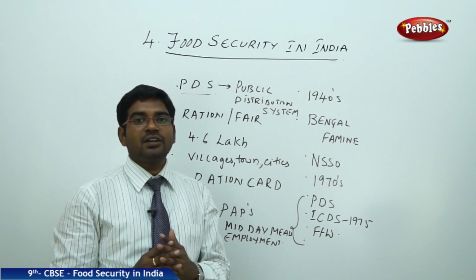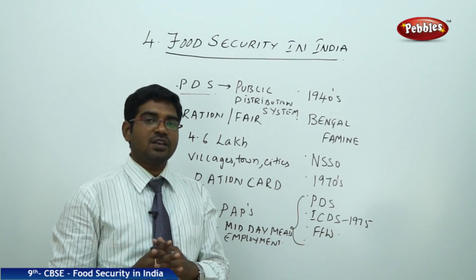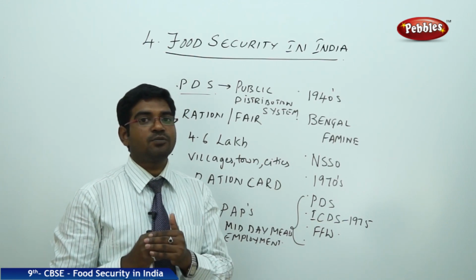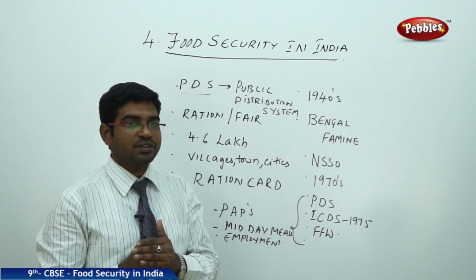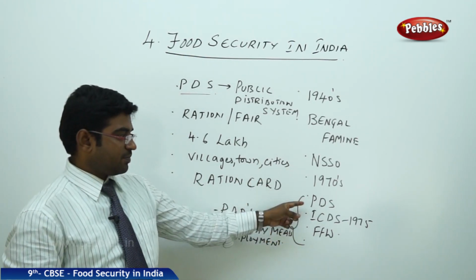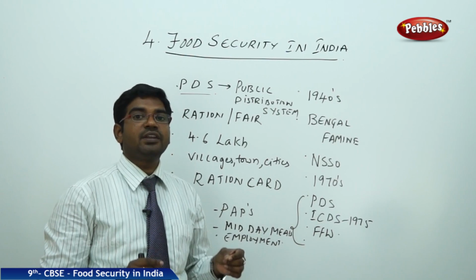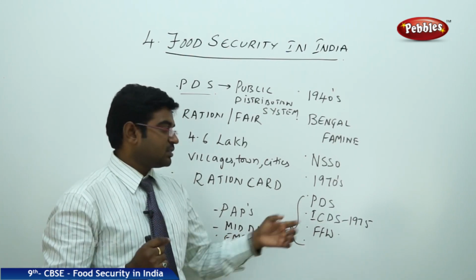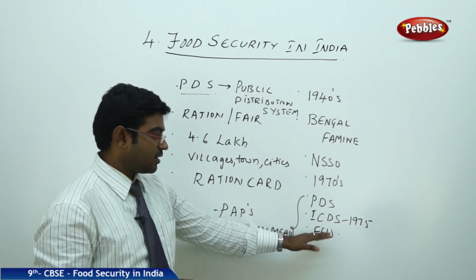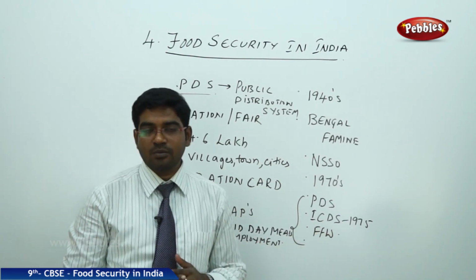So the government decided to take steps very fast and very severely to arrest the growth of poverty and hunger in our country. They brought the public distribution system, and also the Integrated Child Development Services in 1975, and other plans like food for work programs.